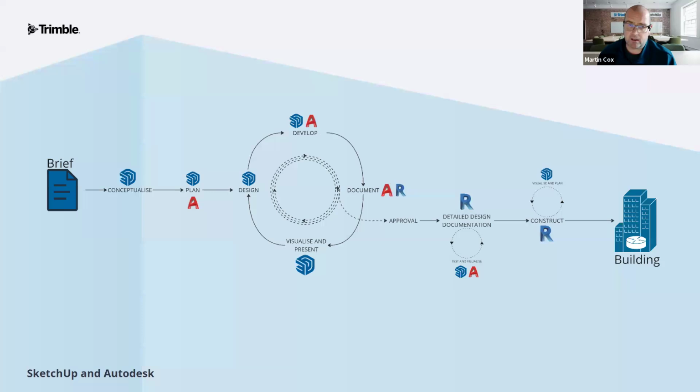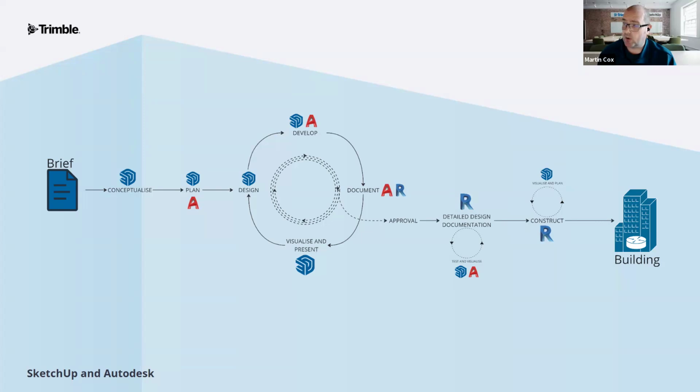This graphic can sometimes take a little bit of explaining, but this is looking at a fairly typical workflow for an architect that uses Autodesk tools alongside SketchUp. This is where we see a number of our customers working. We get that design brief, we create a conceptual model, we do some planning.